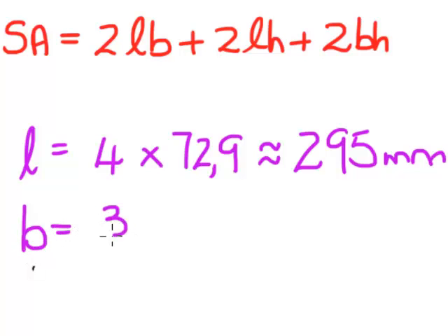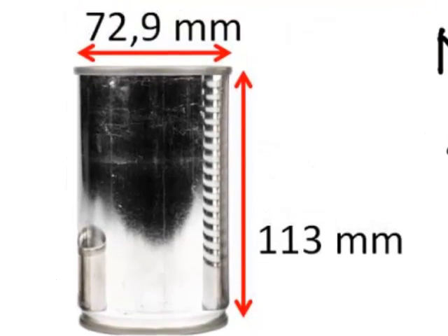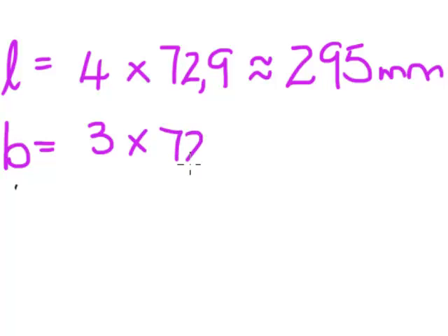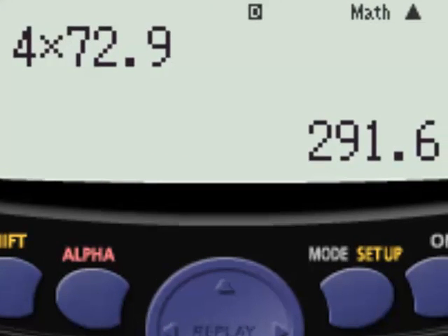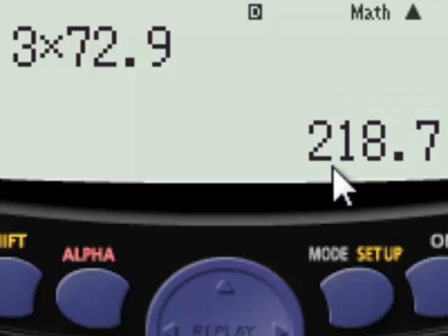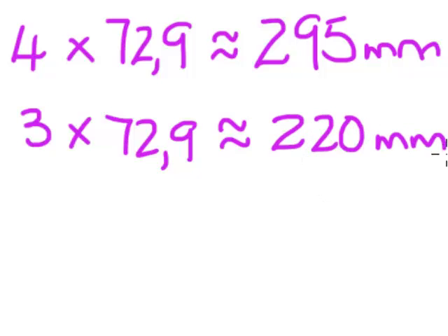Okay, so our breadth is 3 times also 72,9, and we're going to round this one off as well. So 3 times 72,9 gives us 218,7, so we're going to make it 220. So this is going to be 220 millimeters.